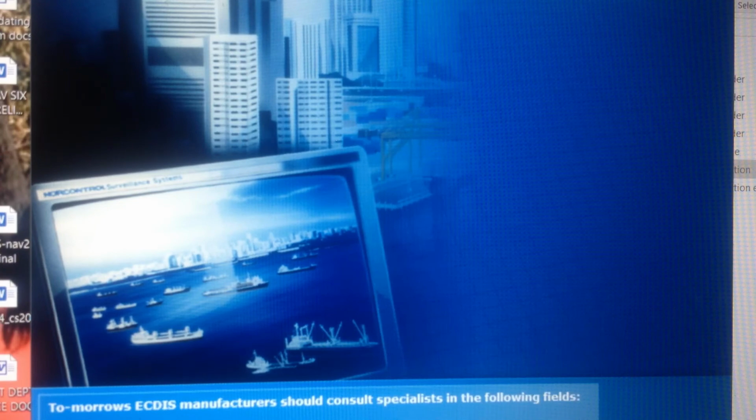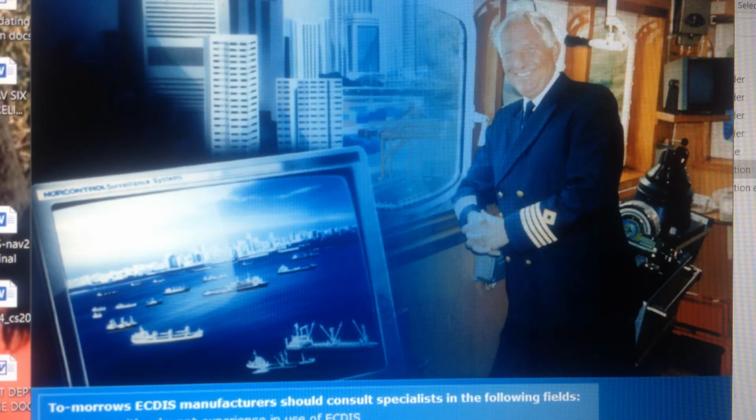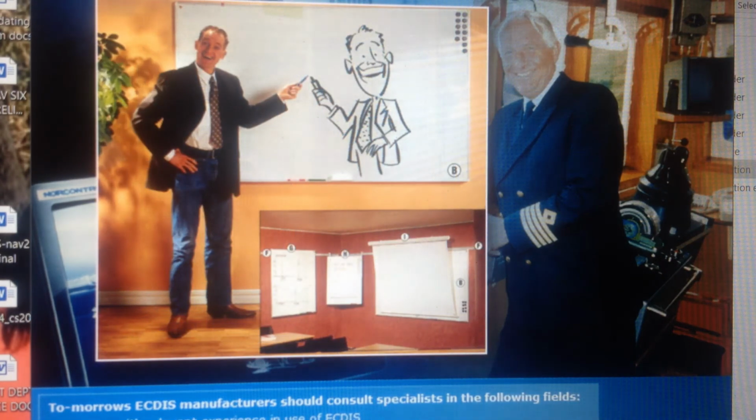Tomorrow's ECDIS manufacturers should consult specialists in the following fields: mariners with relevant experience in use of ECDIS. The mariners can tell the system design people what is need to have and nice to have. Human factor specialists. The human factor specialists have accumulated vast knowledge on presenting information and are experienced in testing how humans react to given information.